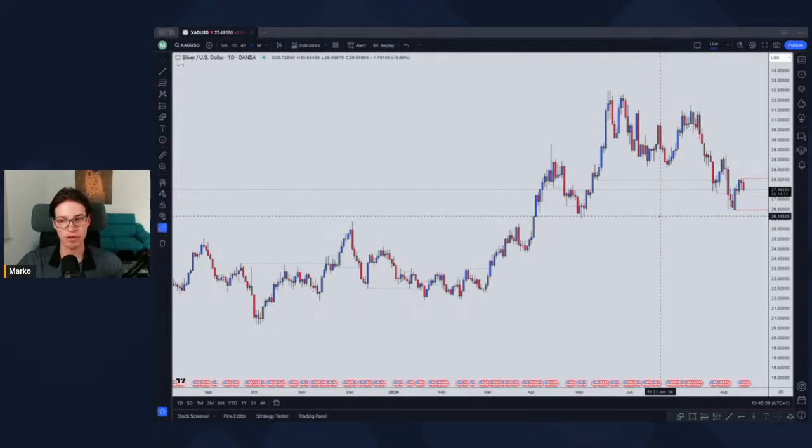So if you see gold moving, but silver has not yet moved, that may be a play, right? That may be an edge in the markets, because if you then get a move on silver and you get an entry, you can be more aggressive because gold has already done a big move, right?